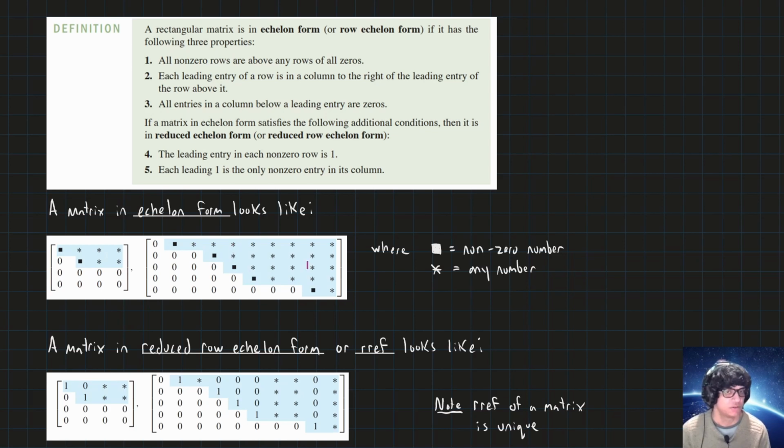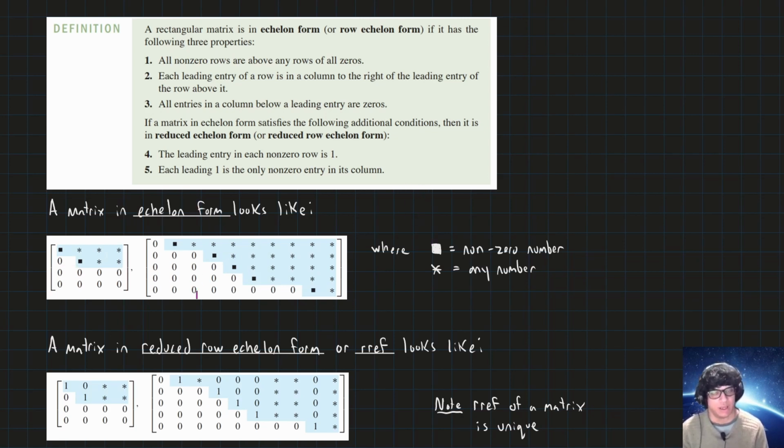The stars can be any number. And the important shape here is that the zeros form a staircase like this. And over here, we have this staircase. So that's the echelon form of a matrix.